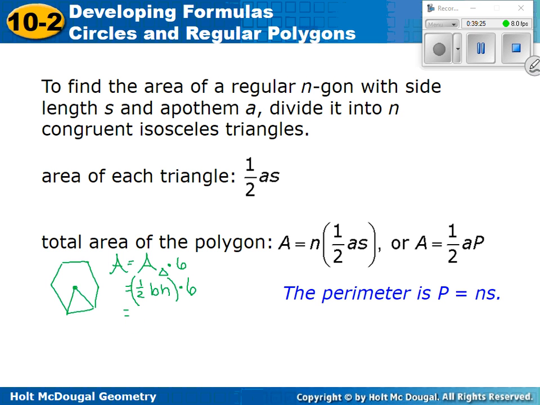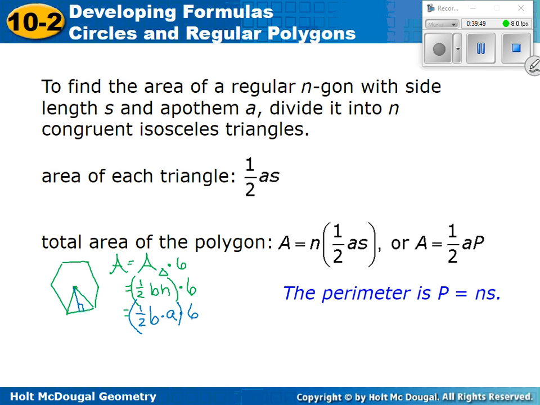We talked a few minutes ago about the height of our triangle. What did we say the height of our triangle is actually called today? What's the new word? Apothem. So is it okay with you if I change this H to an A? Okay. So I have 1/2 base times A times, in our case, 6. Are we okay with that?